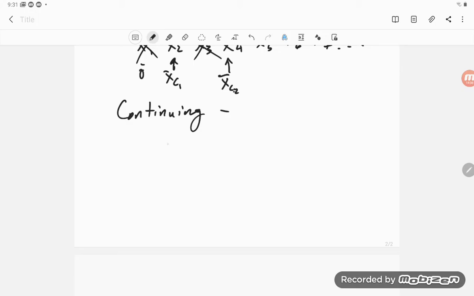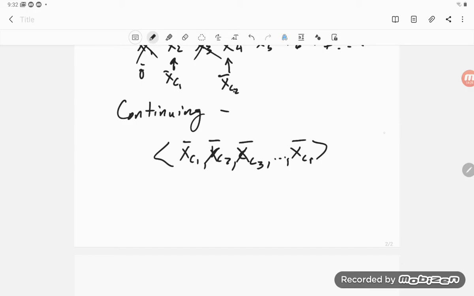To get the span, we could say xc1, xc2, xc3, all the way to our xcr.